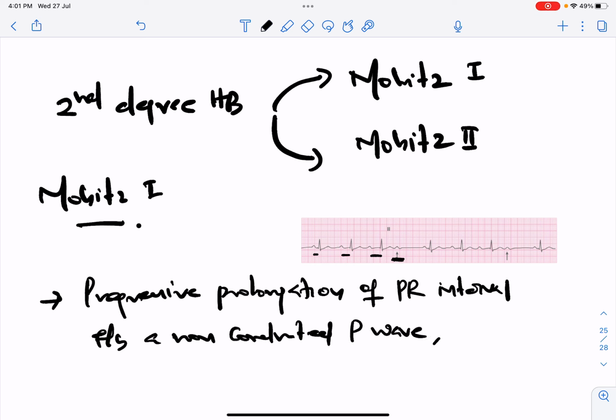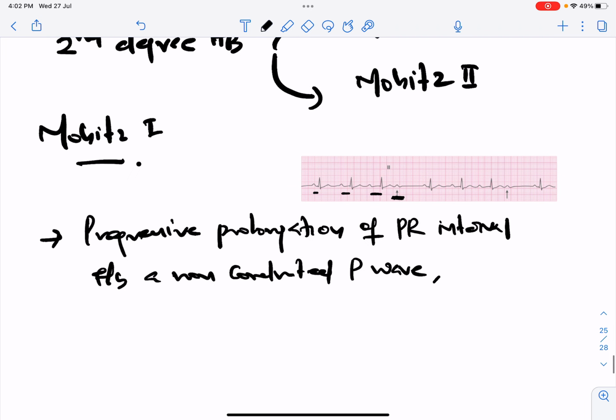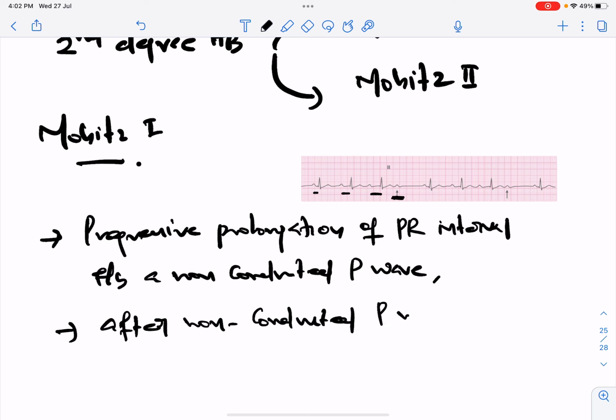Okay, after this non-conducted P wave, the cycle repeats. Okay, this is what has happened in Mobitz type 1.